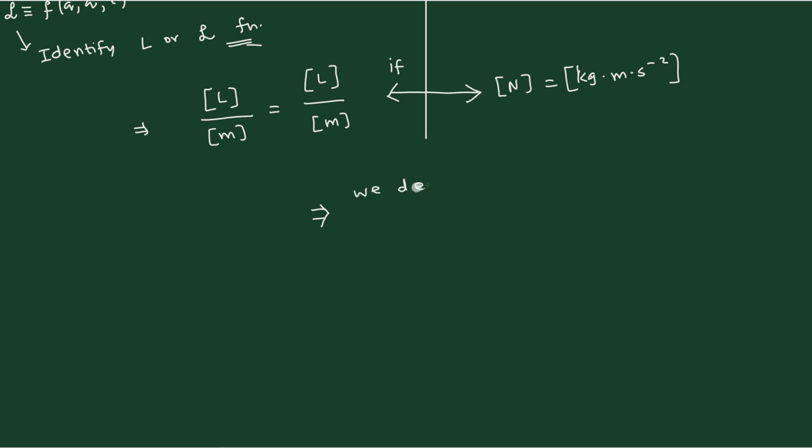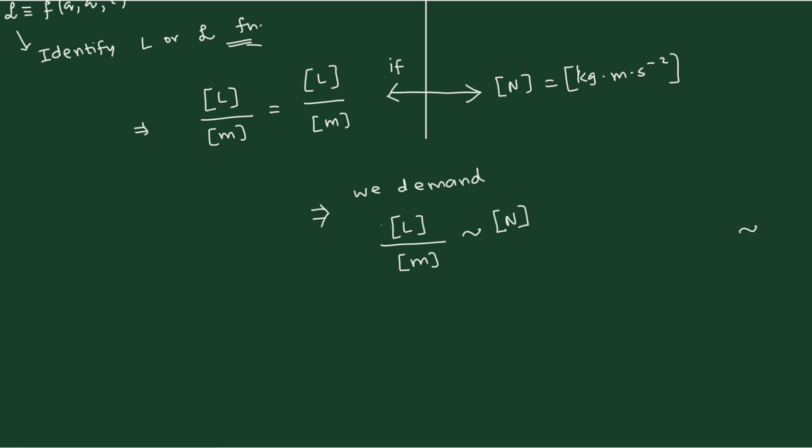What we are demanding is that the dimensions of the Lagrangian divided by the meter should be the same as, or you can write equal to, or this kind of symbol. That is not a problem, because this is not a numerical value. So there is nothing wrong in writing this tilde symbol, which means it is the same as. So the dimensions of the Lagrangian divided by the dimensions of the meter should be the same as that of Newton.